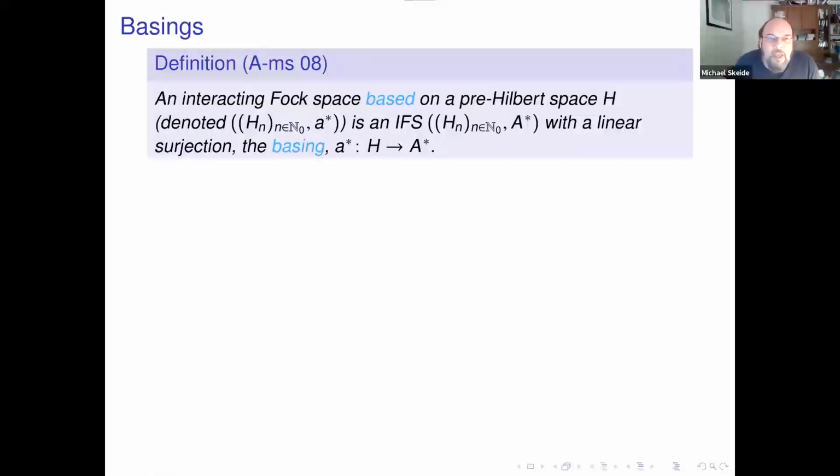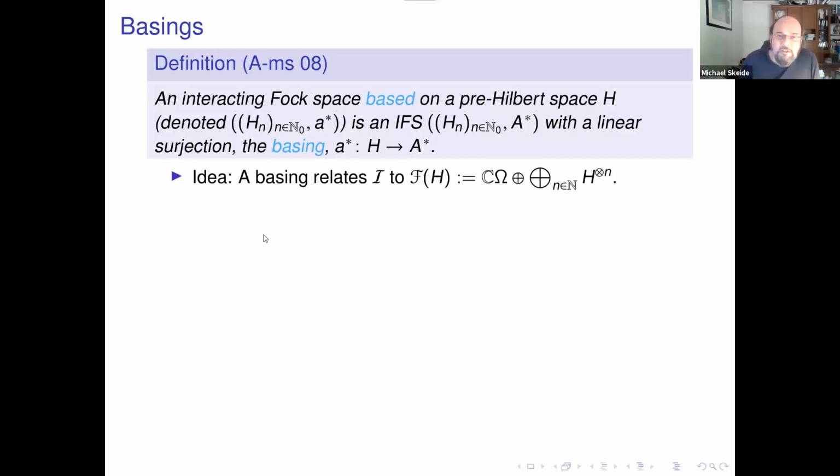So let me go one step back in the history and look at the definition of an interacting Fock space based on another pre-Hilbert space H. This is just an interacting Fock space as before, together with a linear surjective creator map from the pre-Hilbert space onto our space of operators, of creators. The idea is that a basing relates our interacting Fock space to a full Fock space.